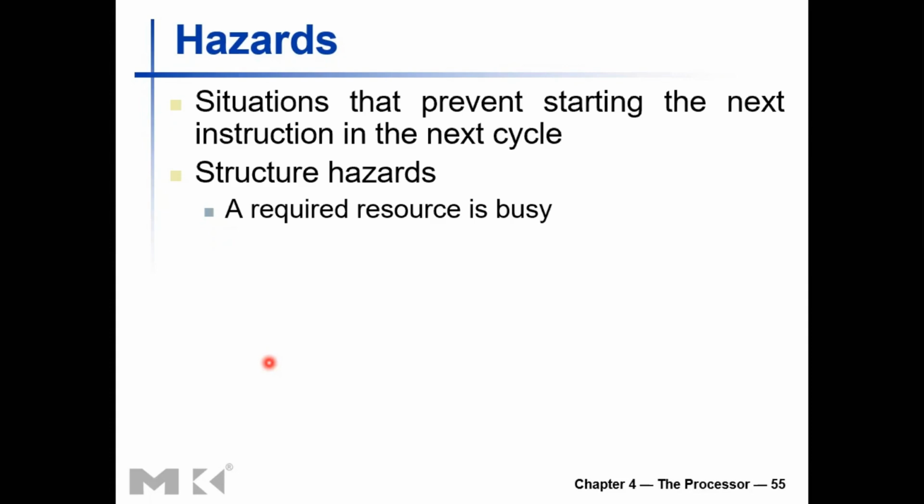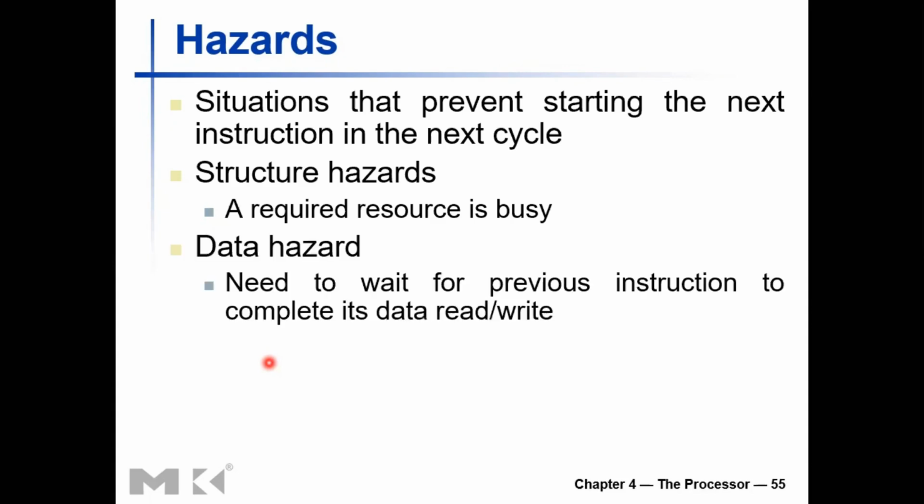Maybe the register file is busy, or the ALU is busy, or the memory is busy. We'll have a look at them closely. If a required hardware resource is busy, then we say that there's a structure hazard. If the instruction fetch is prevented because the hardware resource is busy, that is a structure hazard. Then there are data hazards.